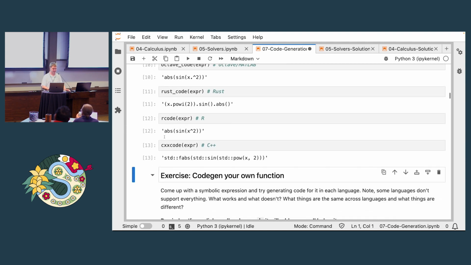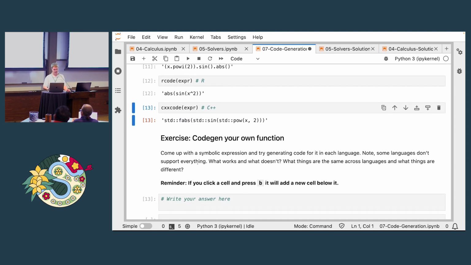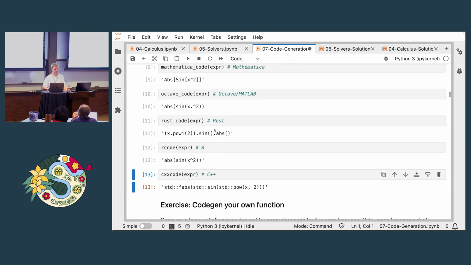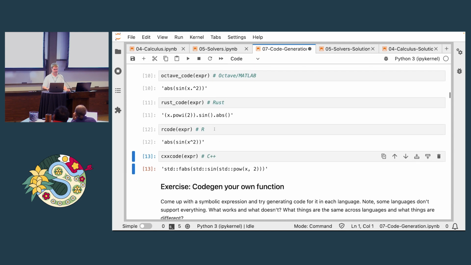And then I think C++ just inherited that from C, even though C++ does have polymorphic functions. So the exercise here is just to play around with these, create some SymPy expression, and generate code for some of these languages, and see.